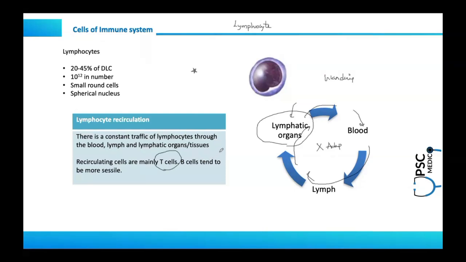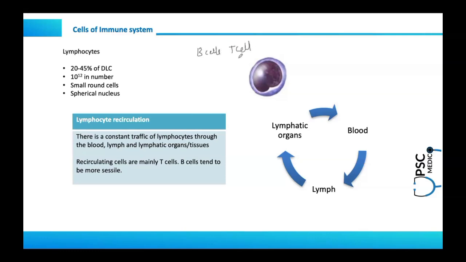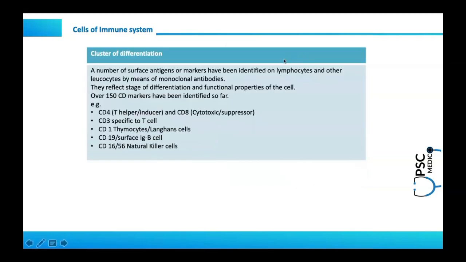They stay inside the lymph nodes in the perireticular areas. So how will you differentiate a B cell from a T cell? There are many features, but an extra point to remember is, most of the time T cells are recirculating, whereas most of the time B cells are sessile.